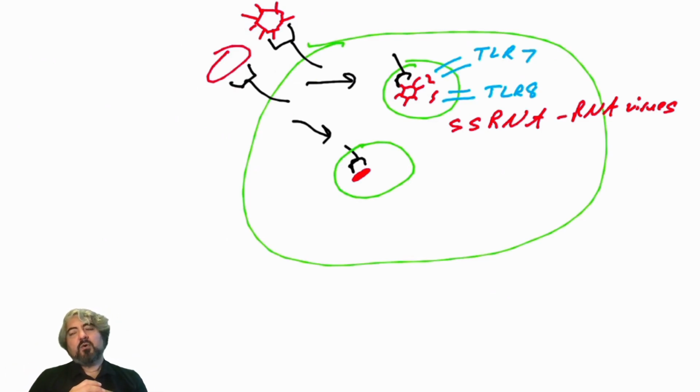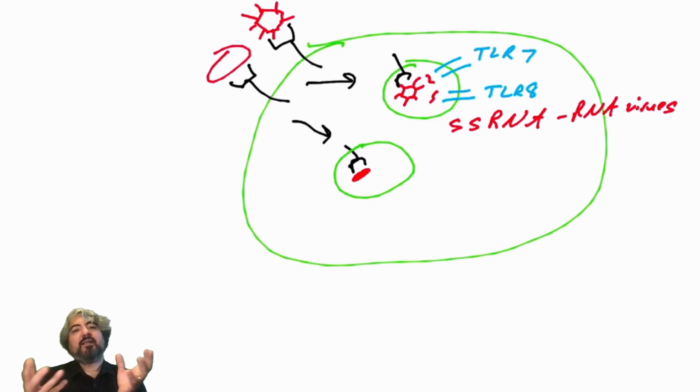TLR7 and TLR8 both bind single-stranded RNA. Now, what kind of pathogen would have single-stranded RNA? RNA viruses, and there are a wide variety of RNA viruses, like coronaviruses, that have single-stranded RNA as their genome or make it as part of their life cycle.